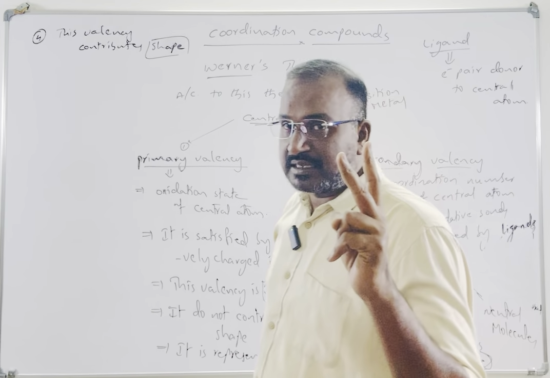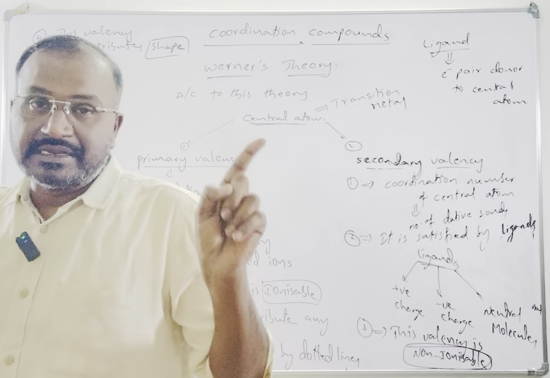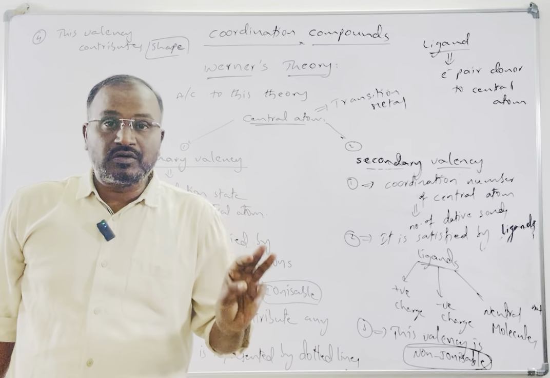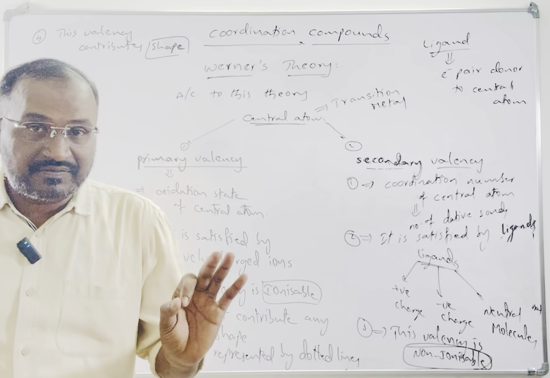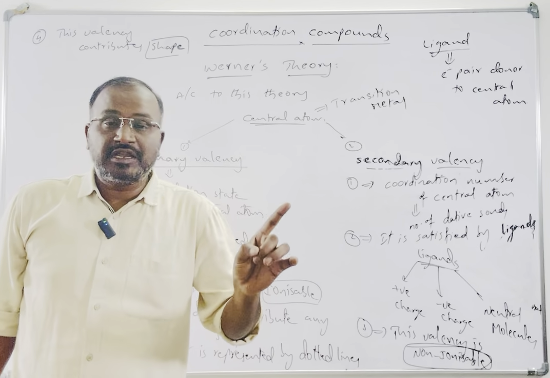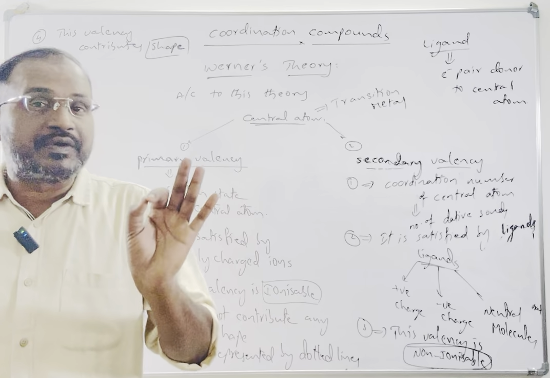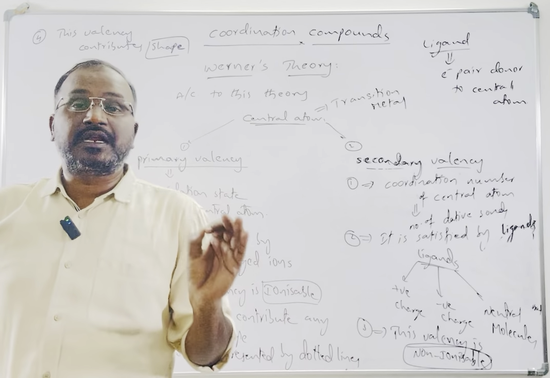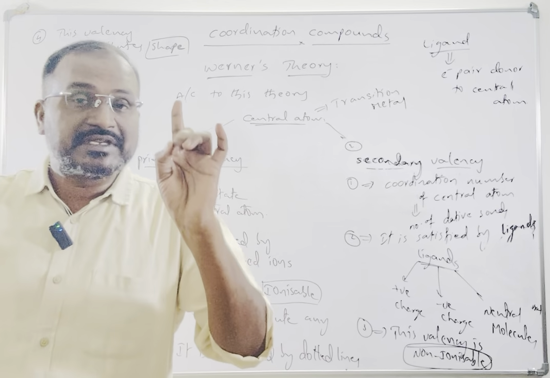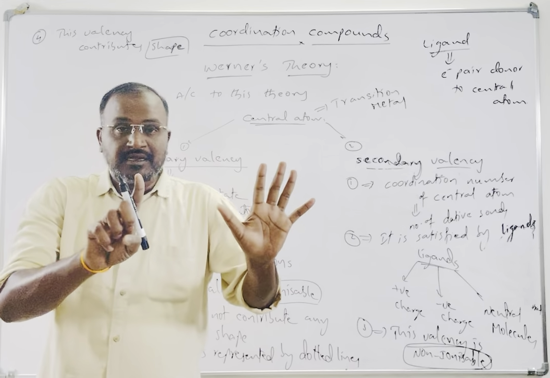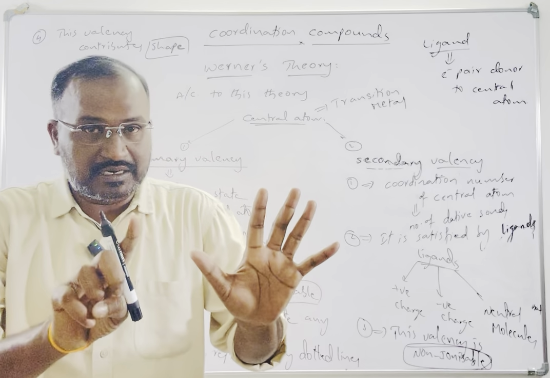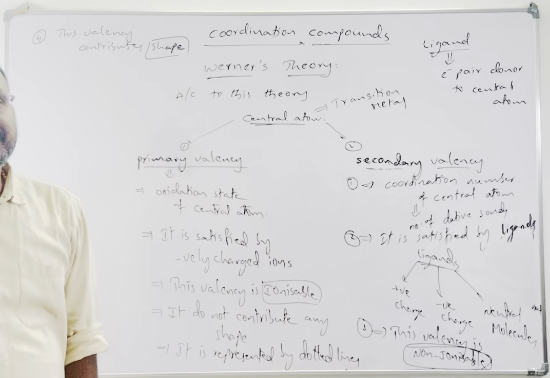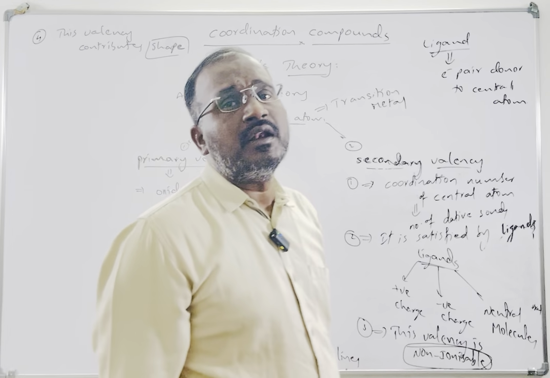If secondary valency is 2, the shape is linear. If 3, trigonal planar. If 4, the shape may be tetrahedral or square planar. If 5, trigonal bipyramidal. If 6, octahedral. If 7, pentagonal bipyramidal.